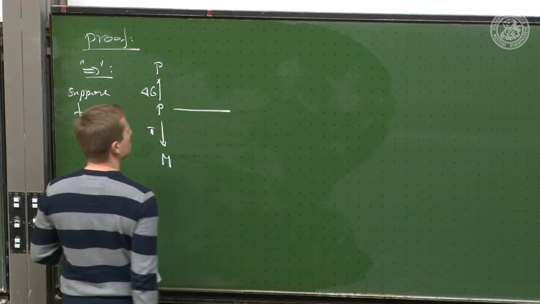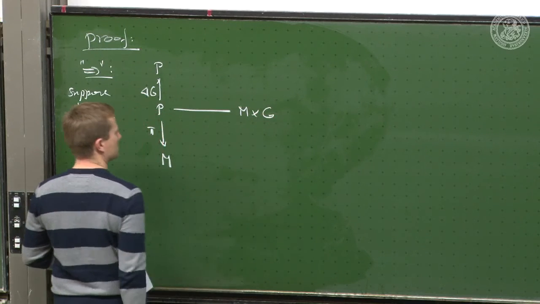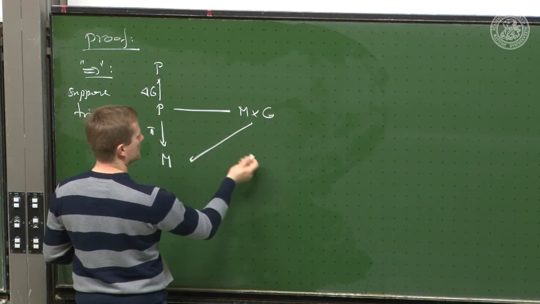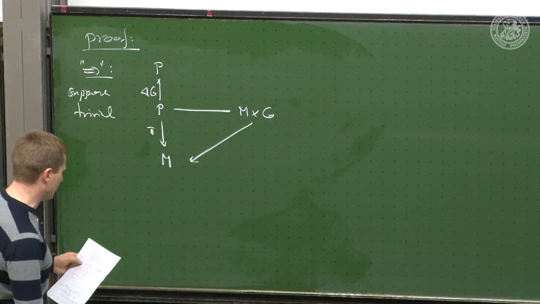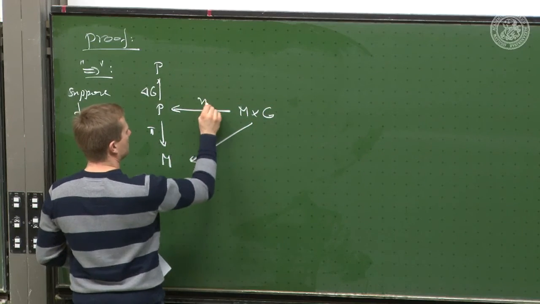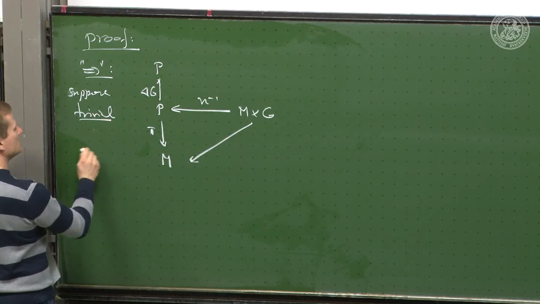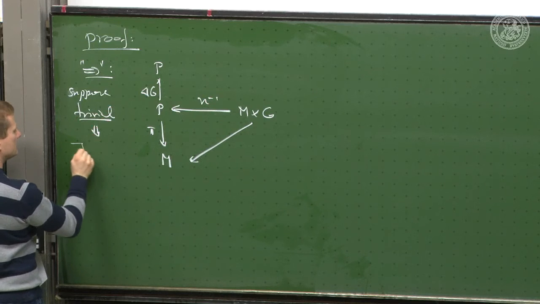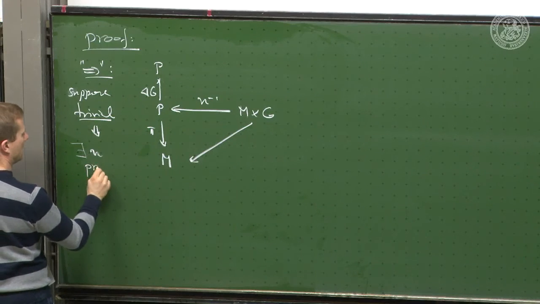That means we do have a bundle map into M cross G that works like this, okay? It doesn't really matter in which direction I go, but let's say I go in this direction. If it's trivial, that means there exists such a U which is a principal bundle map.